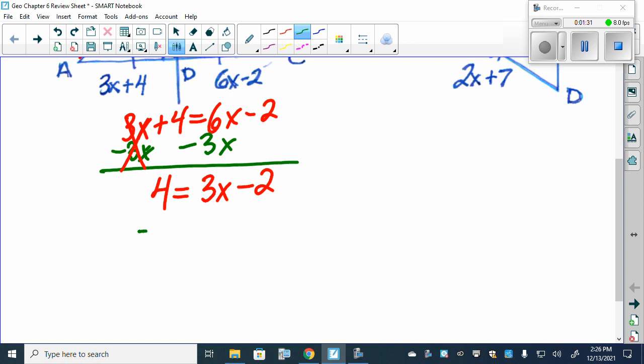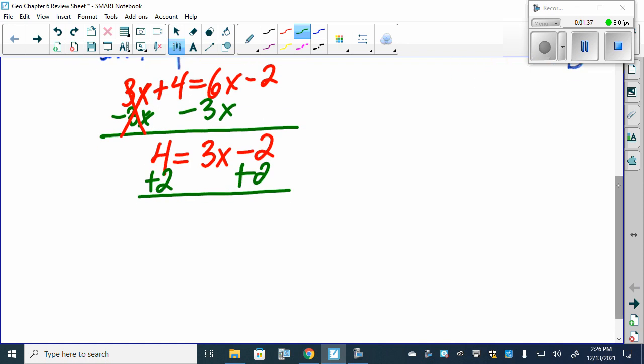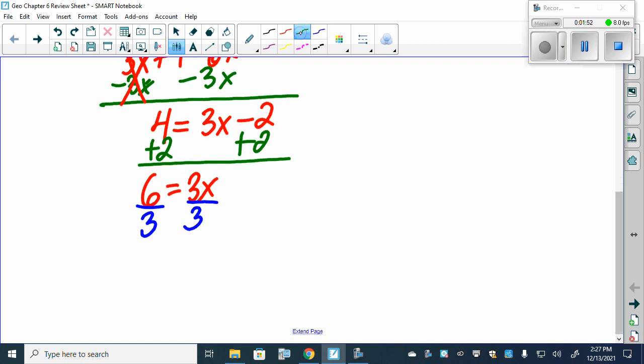What we can do next is add 2 to both sides. And when we add 2 to both sides, we get that 6 is equal to 3x. And last but not least, we can divide both sides by 3. So x is equal to 2.